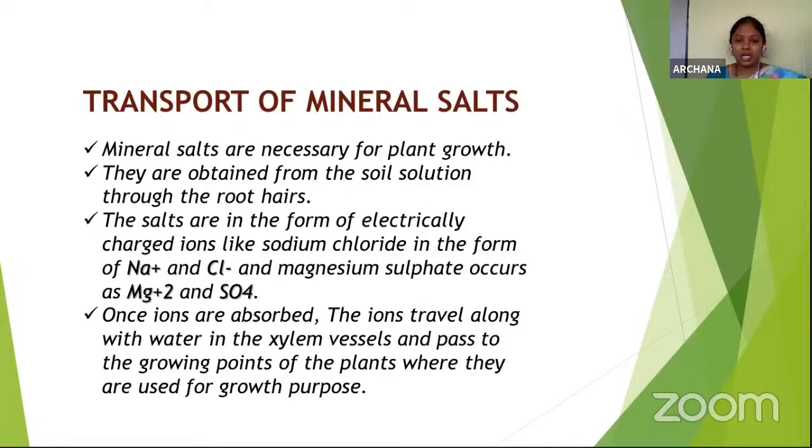Once ions are absorbed, these ions travel along with water in the xylem vessels and pass to the growing points of the plants where they are used for growth purposes.